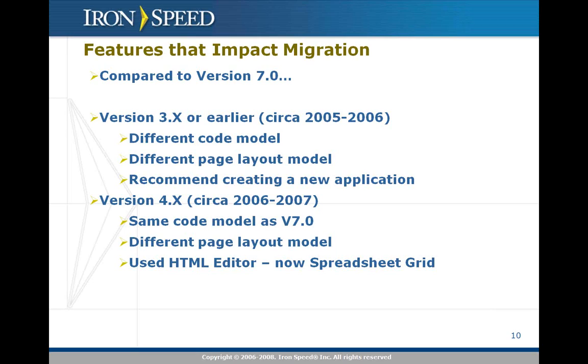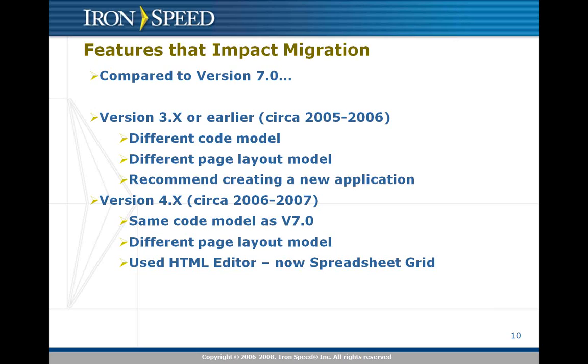So if you've got a version 3.x application or earlier, our strong recommendation is that you create a new application for a variety of reasons. Version 3.x was probably a .NET 1.1 application. .NET 2.0 had not come out or was coming out at that point in time.